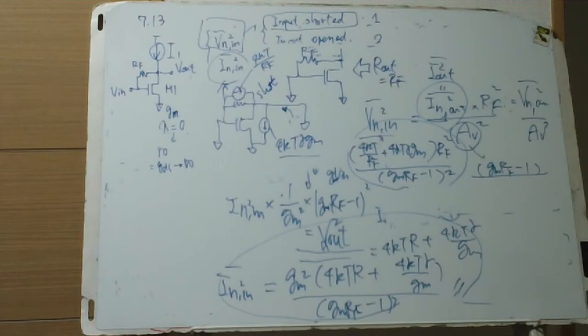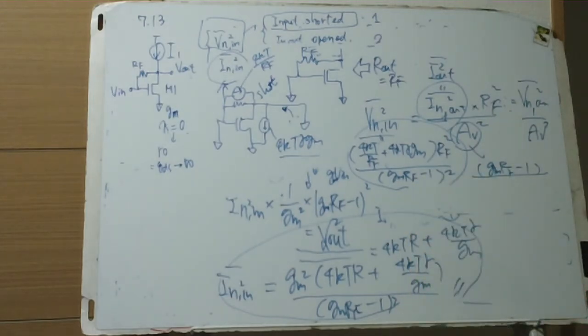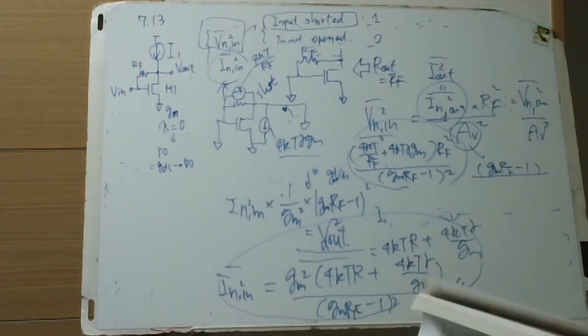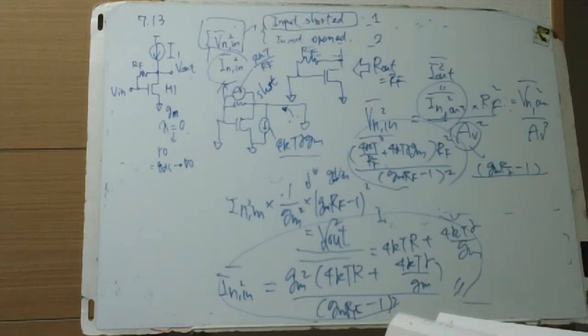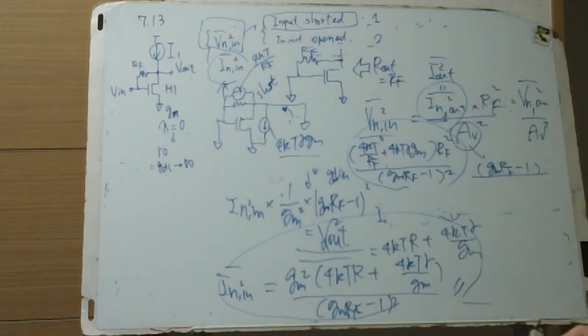If so, I can finish this recording explaining another method to derive the expression for input-referred voltage noise and current noise of the RF feedback common-source amplifier, with M1 transconductance GM and lambda equals 0.